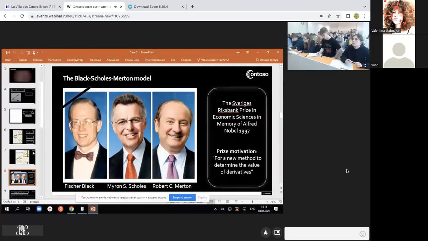So they got the Nobel Prize, and you can see the prize motivation: a new method to determine the value of derivatives. Actually, they invented an equation which describes the change in price of options, and the estimation of any option is the result of solving this equation.